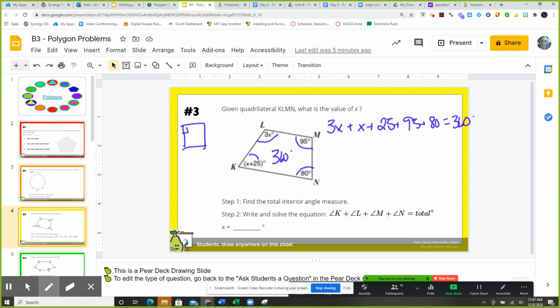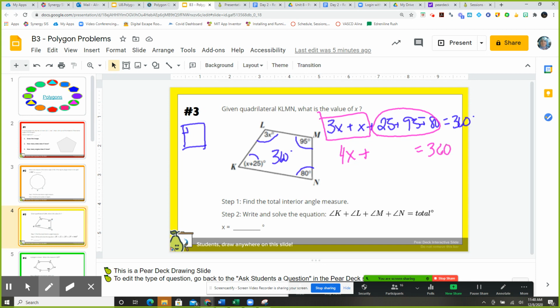So how do I solve that equation? I've got to combine my x's. So 3x and 1x is 4x. And then I've got to combine my numbers. So 25, 95, and 80 make what? A big number, for sure. Do we have an exact big number?